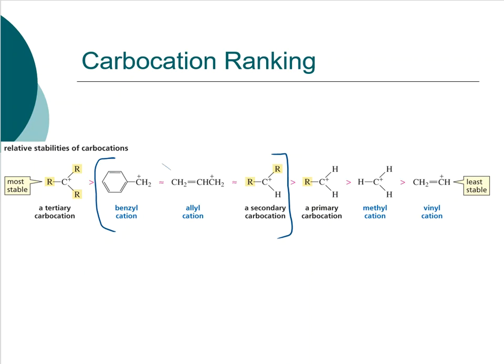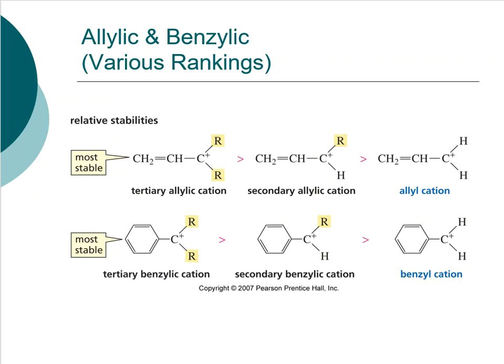Now, there are different types of allylic and benzylic cations. So what you see on the screen right now are just different versions. As you can imagine, this particular carbon, that is carbon, double bond carbon, delocalization can happen right in here, but this carbon could be attached to two others. And this is what we call a tertiary allylic.